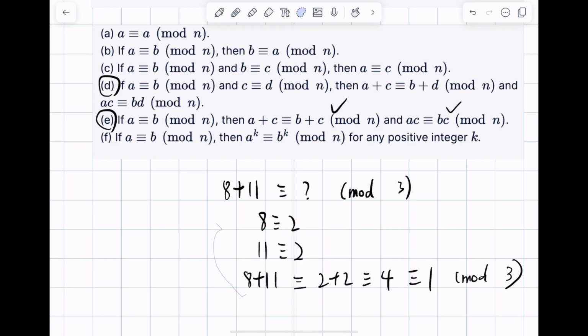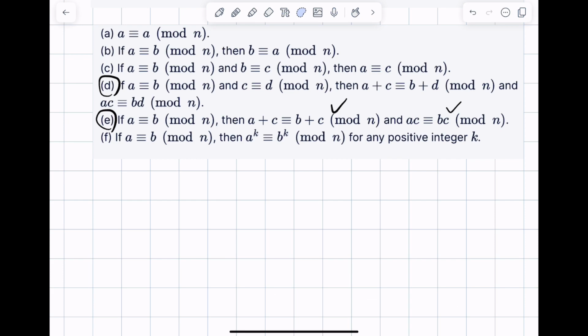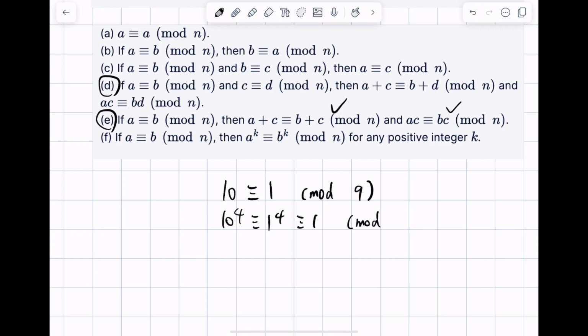And then let's see the last property, which is part F. Suppose 10 is congruent to 1 mod 9. Then 10 to the power of 4 is congruent to 1 to the power of 4, which is congruent to 1 mod 9.